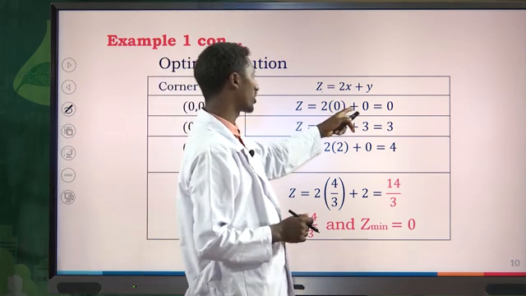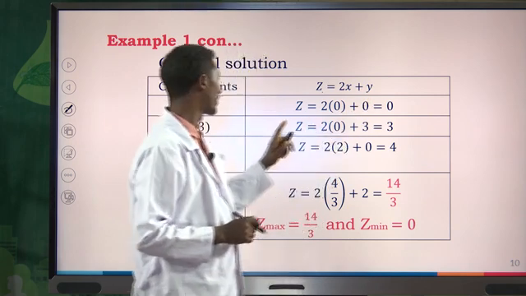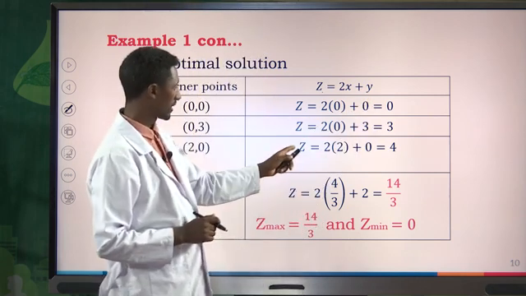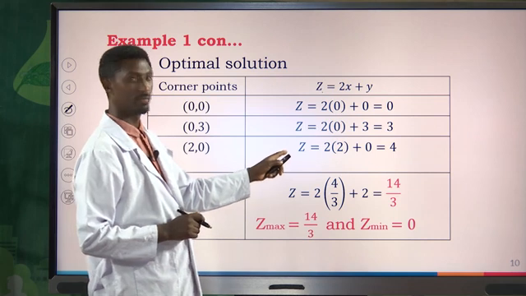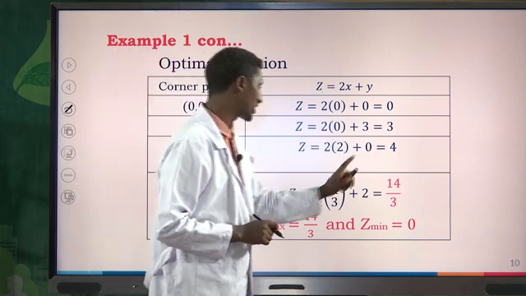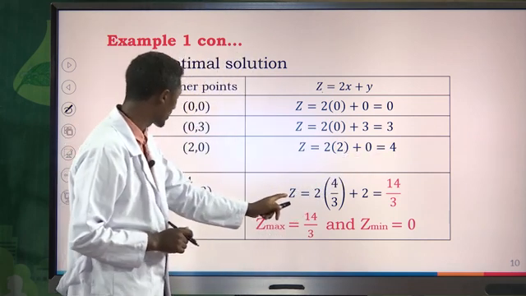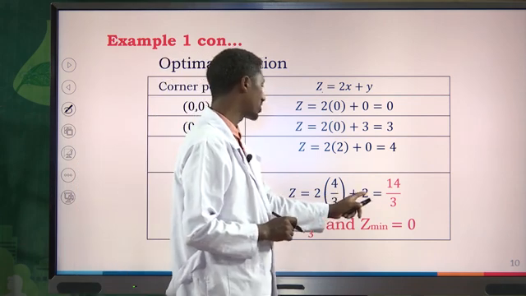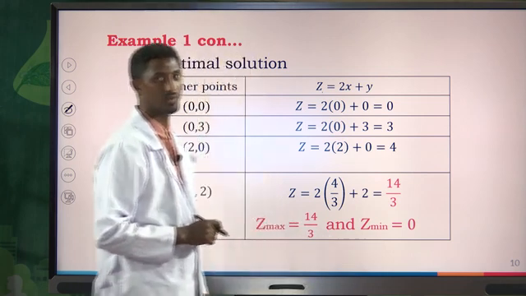That's 2 times 0 plus 0 is 0. Twice 0 plus 3, this one is 3. And z equals twice 2 plus 0, that's 4. And finally, z equals twice 4 over 3 plus 2, which is 14 over 3.